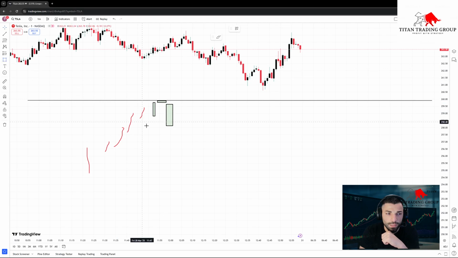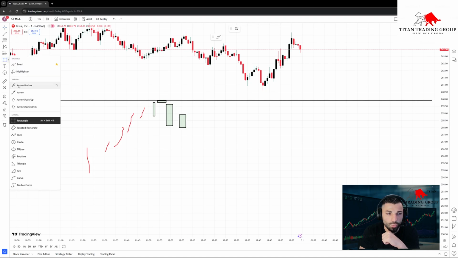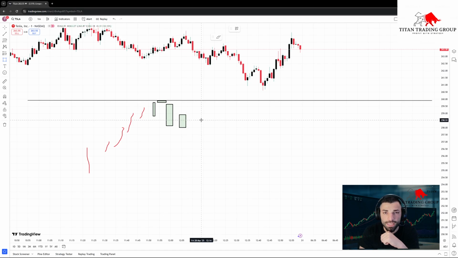And then let's see, we do a couple more of these things, which we like to call consolidation. Consolidation is when the stock is moving sideways. A stock can move in either three directions: up, down, or sideways. Up means the bulls are winning, down means the bears are winning, and sideways means there is indecisiveness.